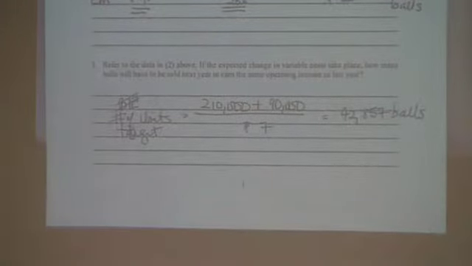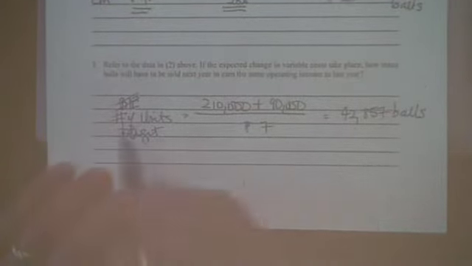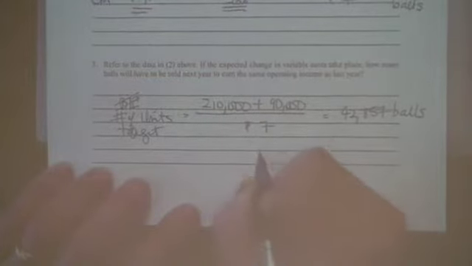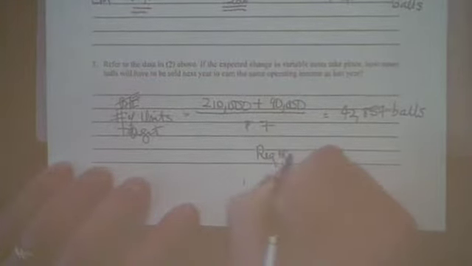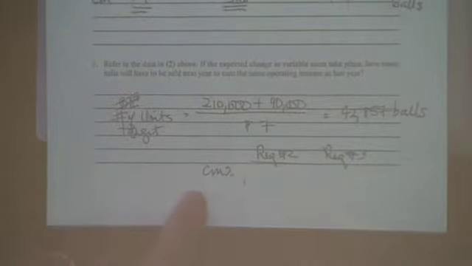Okay, so let's summarize requirement number 1 versus requirement number 2. The contribution margin percentage in requirement number 1 is 40%, right? And requirement number 2 is 28%.